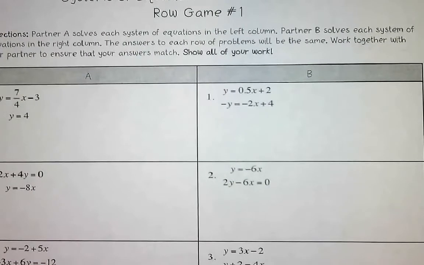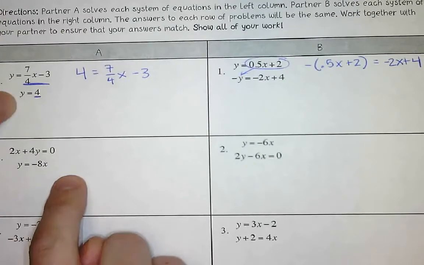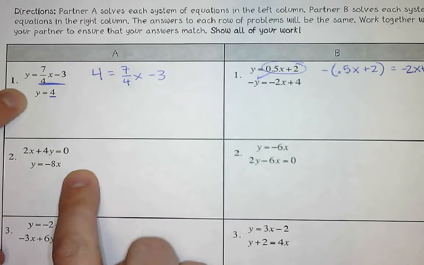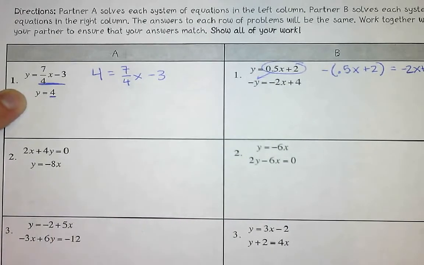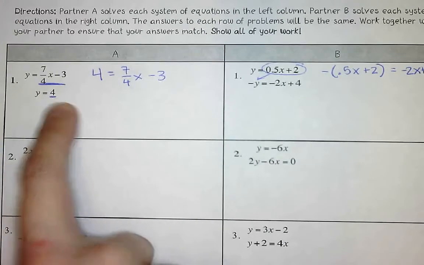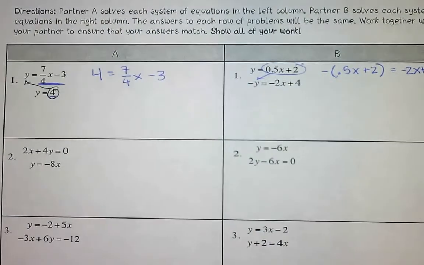All right, so occasionally you might get some where you're already set up in y equals. That would make the most sense to go ahead and graph both of those into your calculator and find it that way. Or you can also set them equal to each other because you're plugging in this y for that y. So then we had 4 is equal to 7/4 x minus 3. So I'd want to eliminate that fraction.